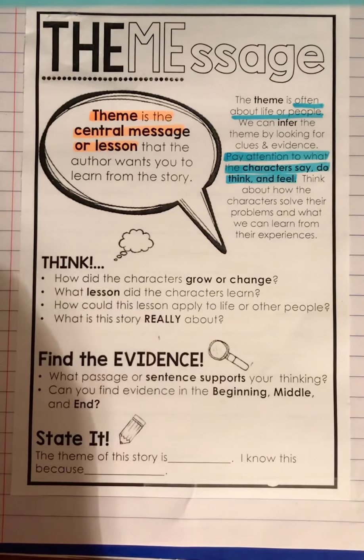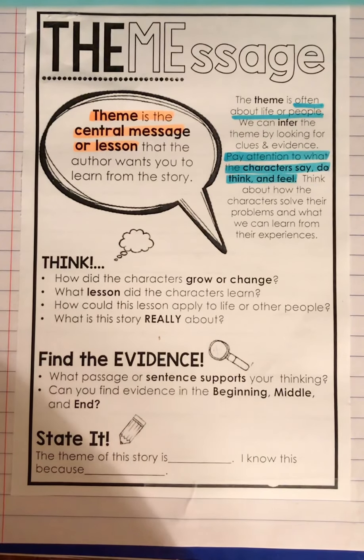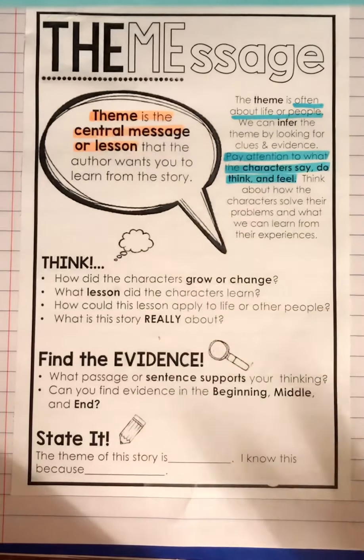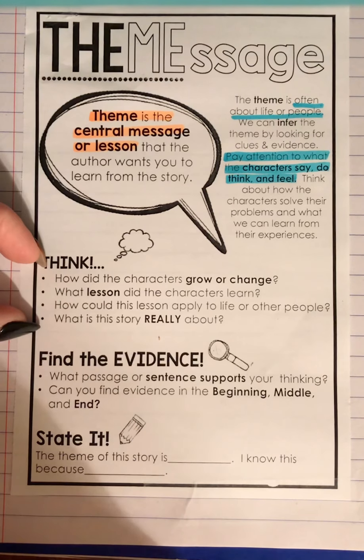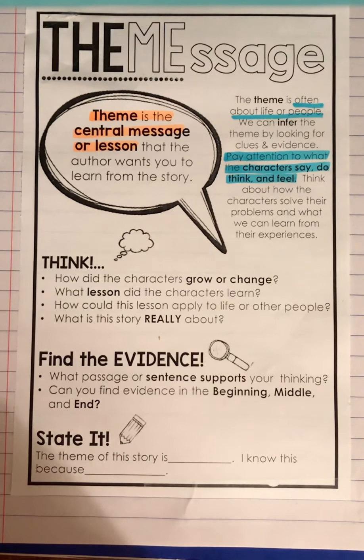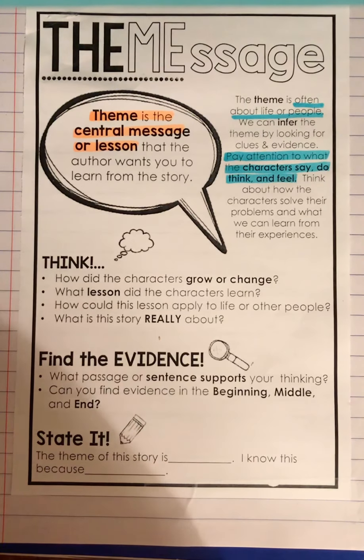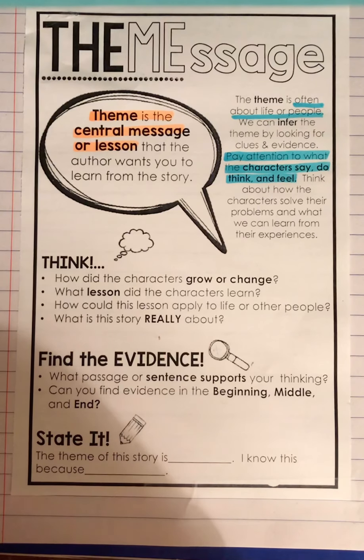Now when we're in our story that we're going to be doing tomorrow and the next couple of days, we are going to use these to help us find the theme. After reading a passage, you're going to come back to this anchor chart and say, first, how did the characters grow or change?